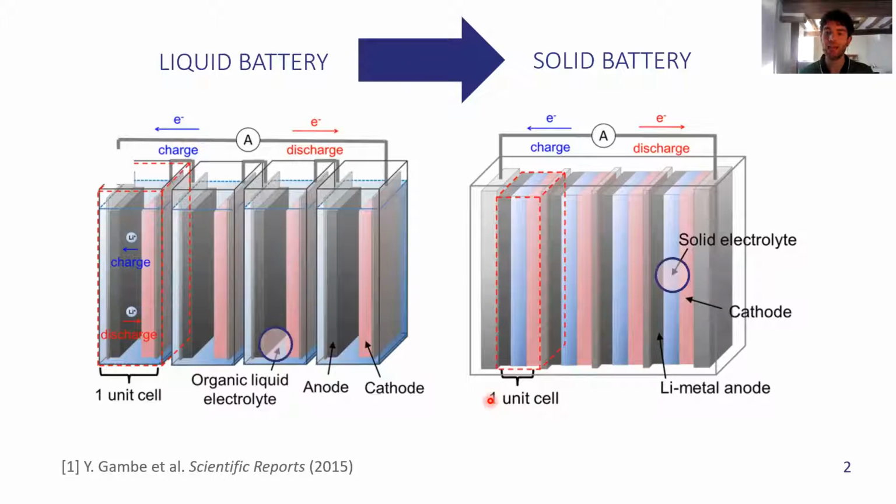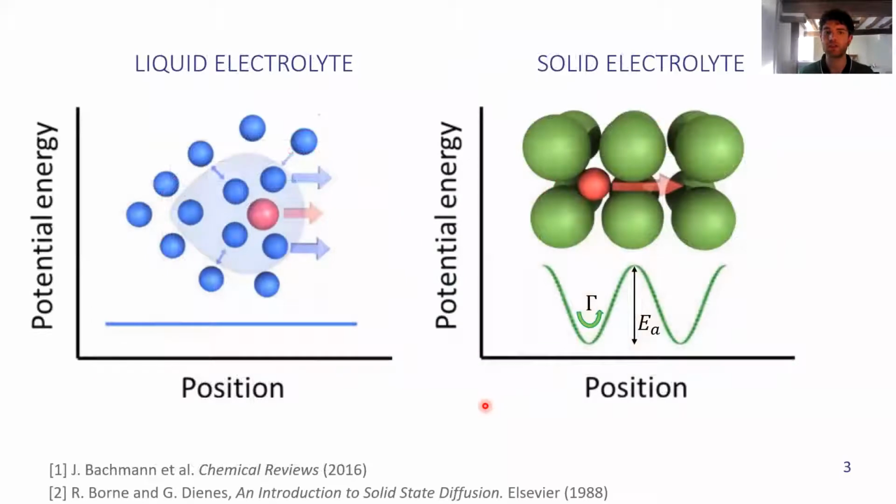And to understand a bit more what's required to enable that shift from liquid to solid, we have to zoom in at the electrolyte level because that's where the chemistry is changing. And I'm interested in diffusion processes, and I've pictured here the different diffusion processes you can see in liquid and in solid. In a liquid, you apply the voltage, and the pink ion, for instance, is channeling from one electrode to another, and all the surrounding ions are moving together with it.